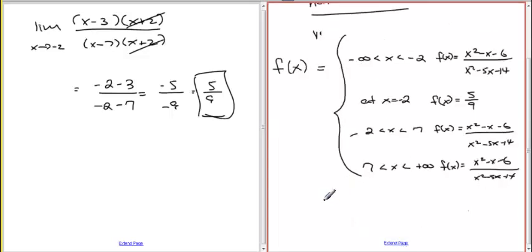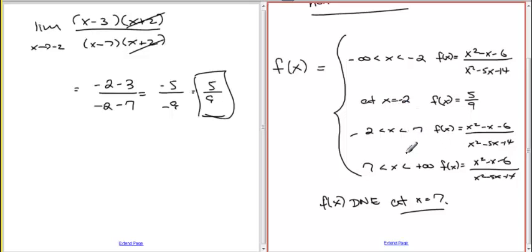So what we're saying is f of x does not exist at x equals 7. The original function did not exist at x equals negative 2 either, but what we're doing is creating a new function that removes that discontinuity by evaluating the function at x equals negative 2.